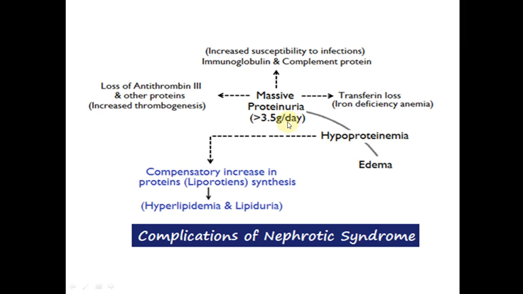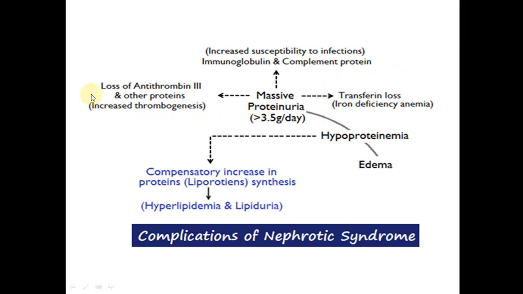And along with these proteins, the transferrin, which is the iron carrying protein, is also lost in the urine. And it will lead ultimately to hypochromic microcytic anemia known as iron deficiency anemia. So the anemia seen initially in the nephrotic syndrome may be partially caused by the loss of the protein transferrin, which is the iron carrier protein.